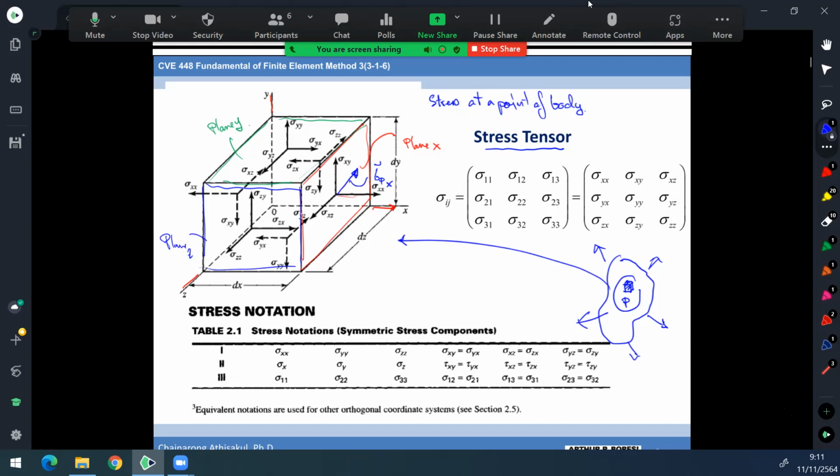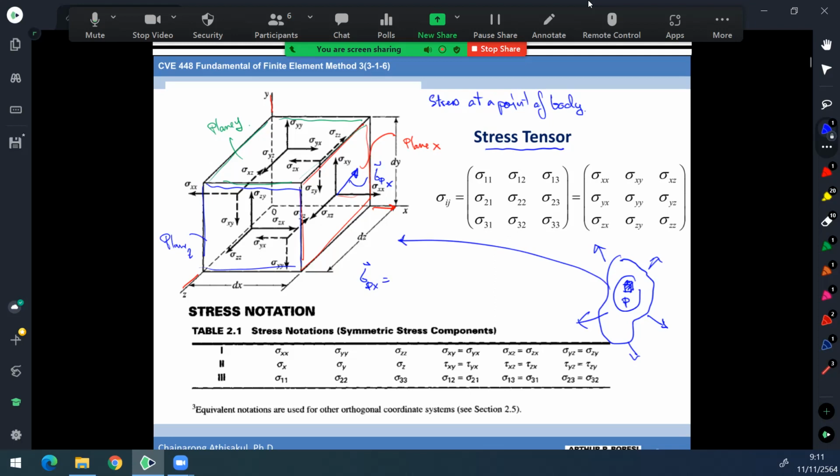In the same manner, for plane y and plane z, we have stress vectors acting along those planes. The stress vector Px acting along plane x is composed of three components: in the x direction, y direction, and z direction.